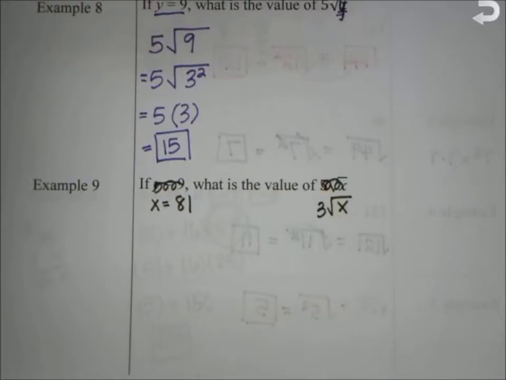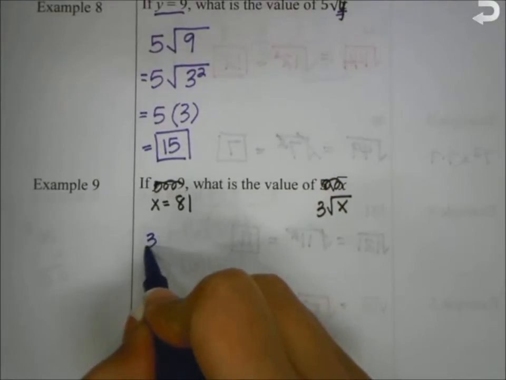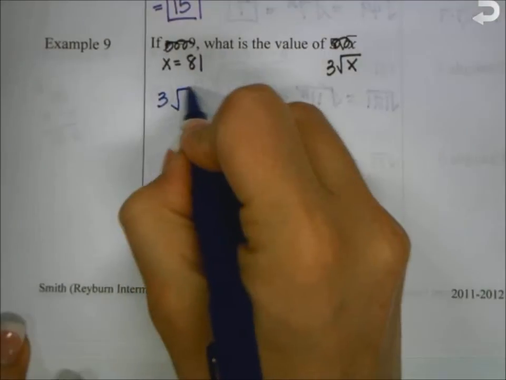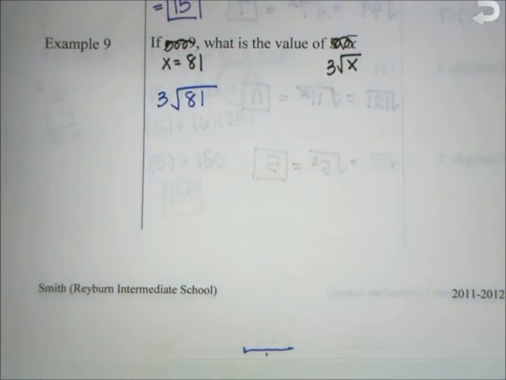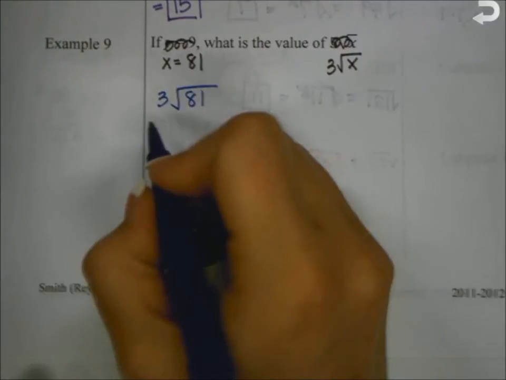So my new expression is going to be 3 times the square root of 81. Good. What is my next step here? Brian, what's my next step? You find the root of 81. Good. I find the square root of 81. What times itself gives me 81, Alana? 9. So we're going to rewrite this as 3 times the square root of 9 squared. Everybody okay with that?